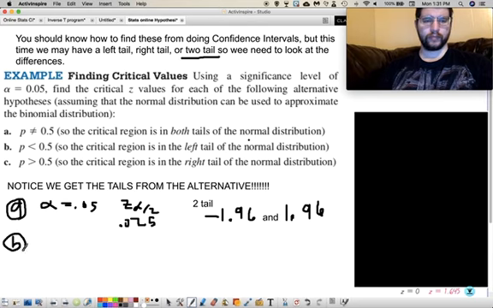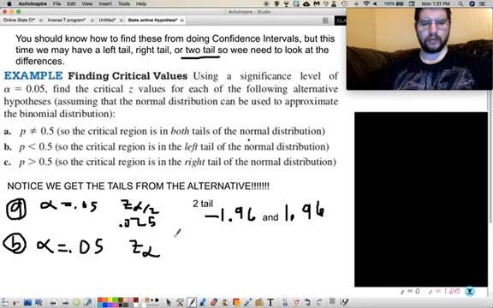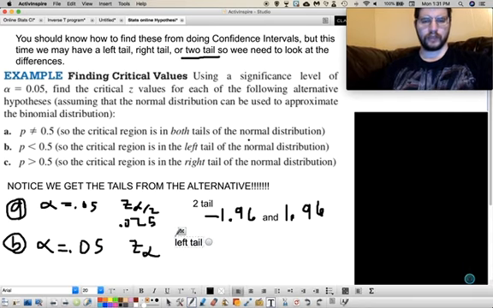For B, that's a less than. That's a left tail. Less than is left tail. Same alpha, but this time we're actually going to use 0.05. So we're going to look up the Z for alpha because it's the left tail, and the left tail is going to be a negative number.